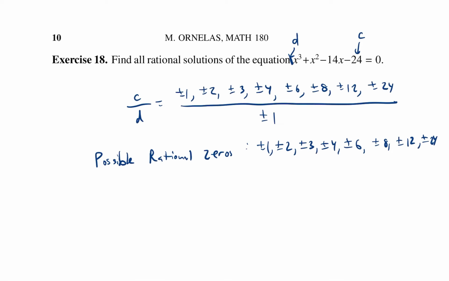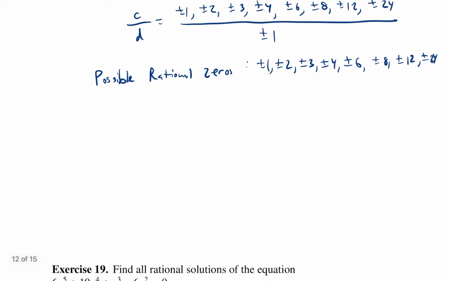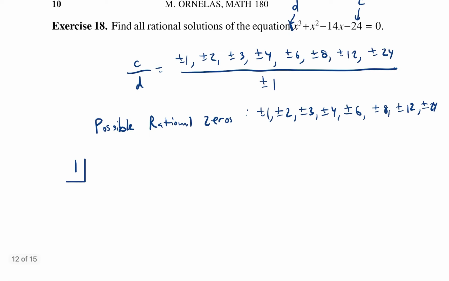So we hope to get lucky by using synthetic division and getting a remainder of 0. So let's try 1 and hope that that one gives us a remainder of 0. So the coefficients are 1, 1, negative 14, negative 24. You always want to make sure that there's no missing terms. 3, 2, 1, 0, which there are not.